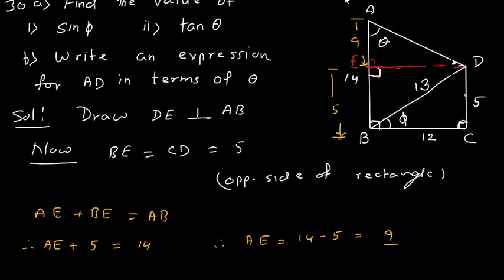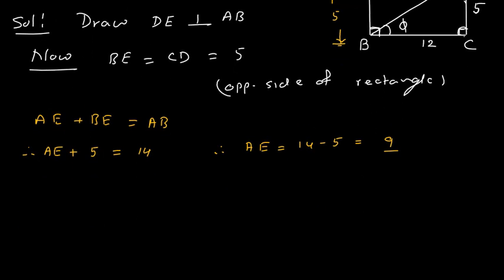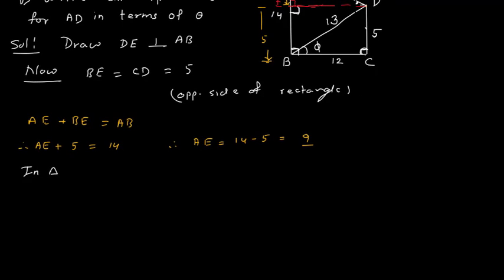Now we have the value of AE as 9. We have this value as 5. We have this BD as 13. So I can find DE by using the Pythagoras theorem. In triangle BED, angle E is 90 degrees.